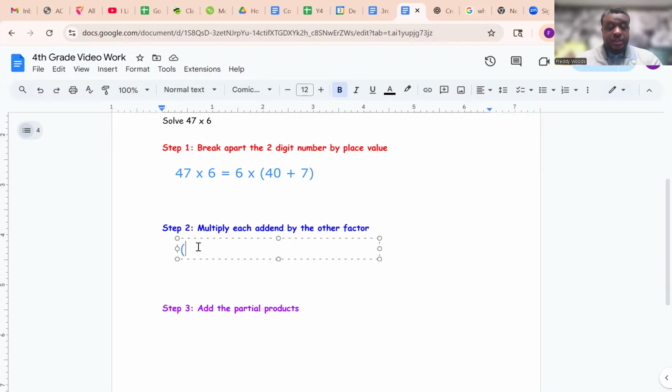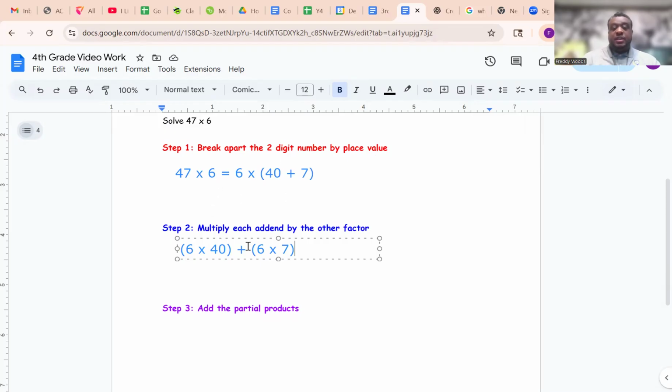So I have 6 times 40, and then I have to add that, right? That's important. I got to remember because I'm adding, I'm going to multiply each add-in, but I'm going to add soon. So in my equation, I have to put that addition sign in between my 2 smaller expressions with the parentheses. 6 times 7, right?